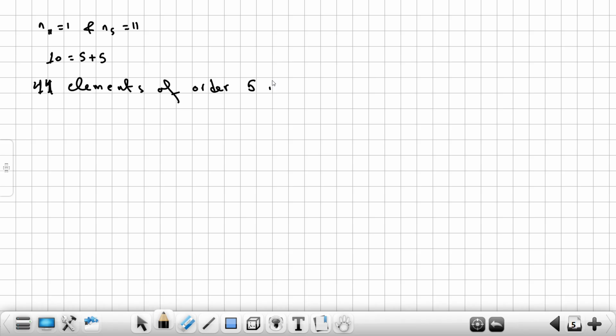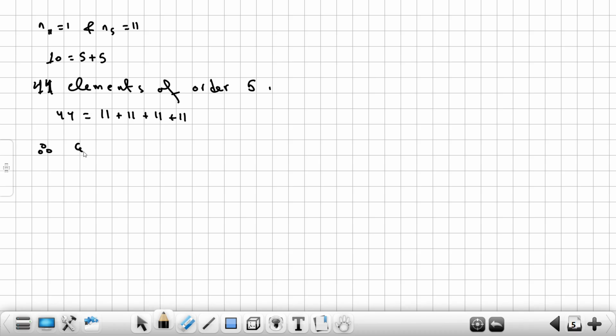The conjugacy class of each of these elements is of size 11, and they must partition 44. So to partition 44 using 11s only, this can be done in one way: 44 is equal to 11 plus 11 plus 11 plus 11, 4 times.